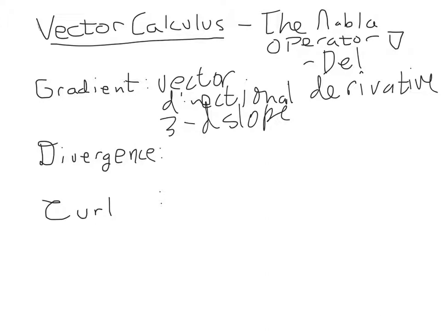Divergence will yield a scalar result and can most simply be thought of as the rate at which stuff leaves a given region of space. So it's also called flux, which might be easier to understand. It's the net rate at which things leave and exit a given space.